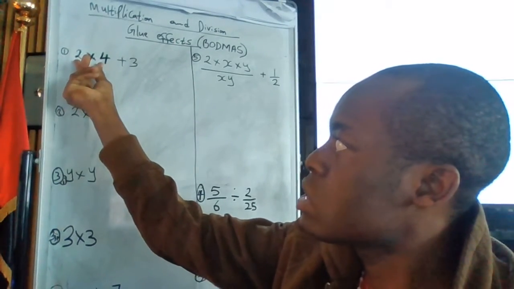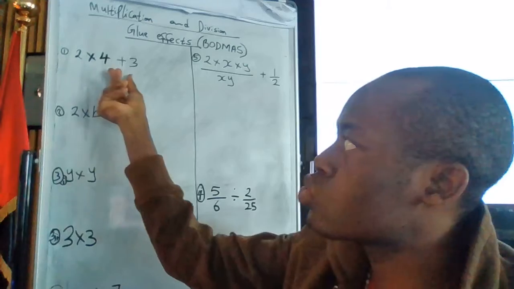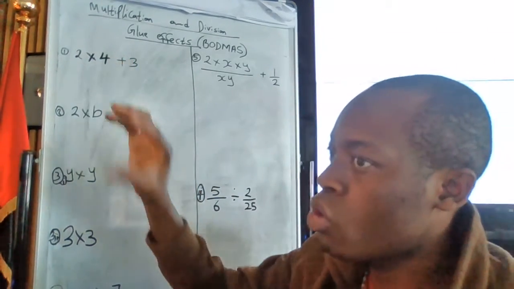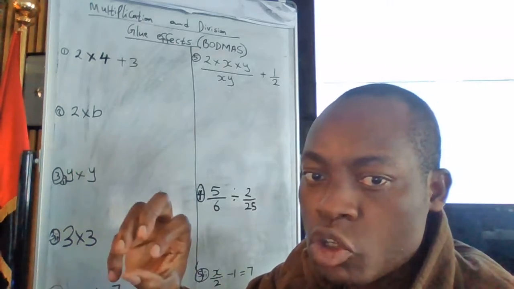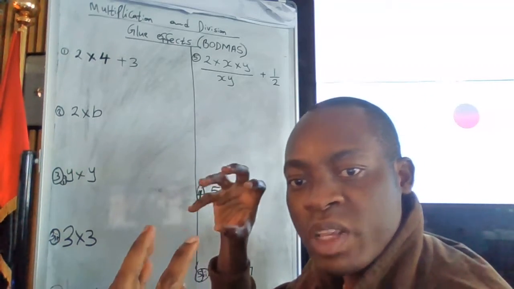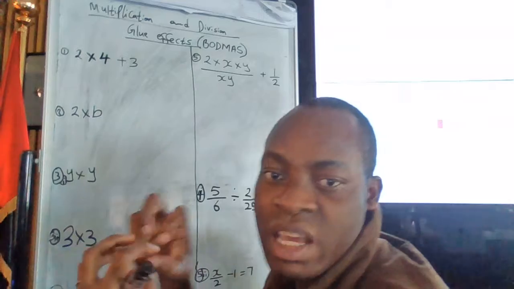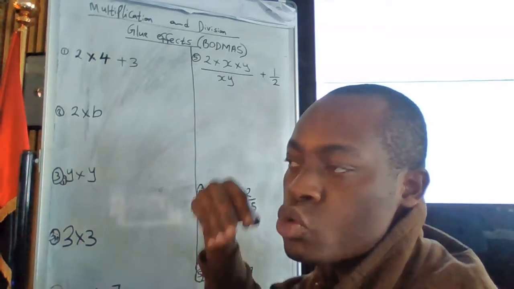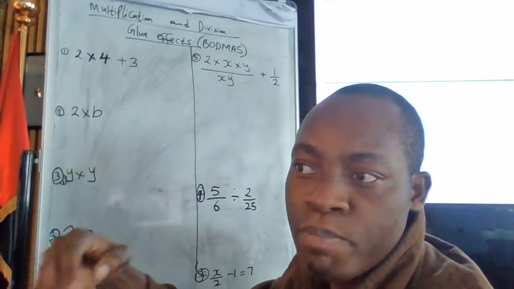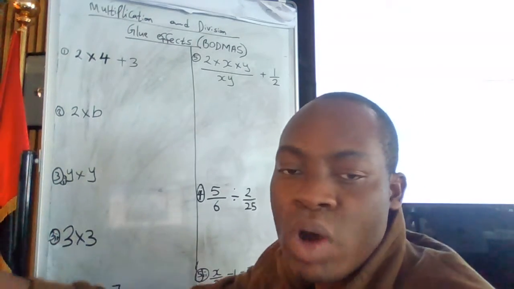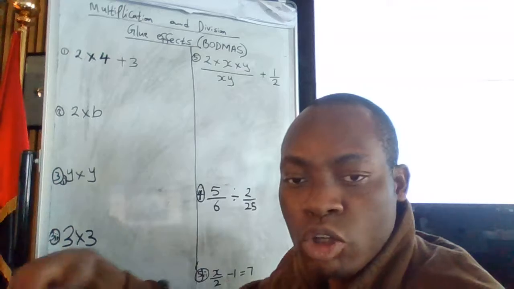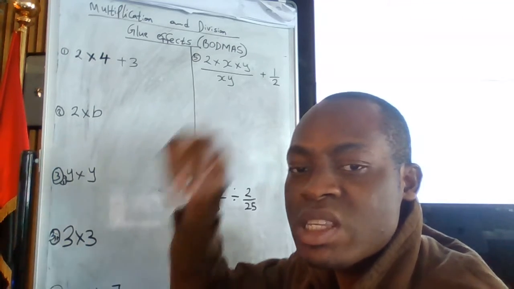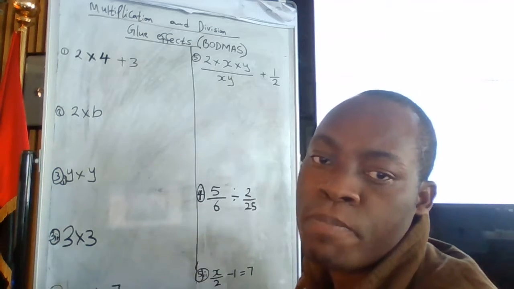You cannot easily separate any of them to come and process it with this plus 3. So times and division have this glue effect that joins variables together. It prevents a variable from moving closer to other items. You cannot process those variables with other items, except you deal with the times and the division first.